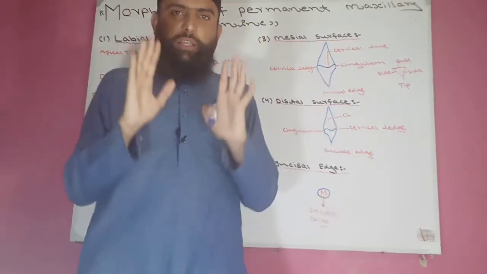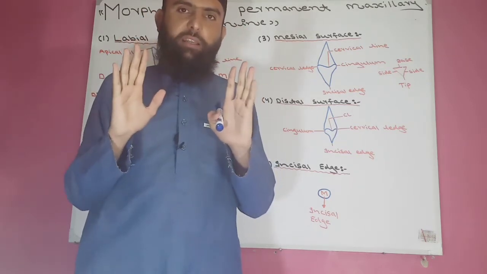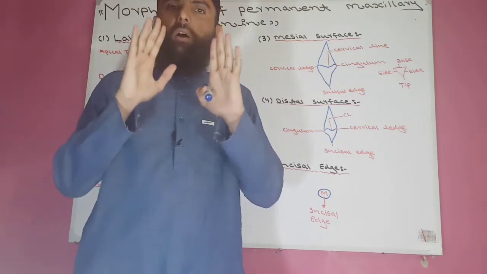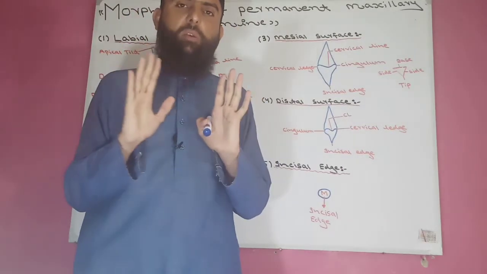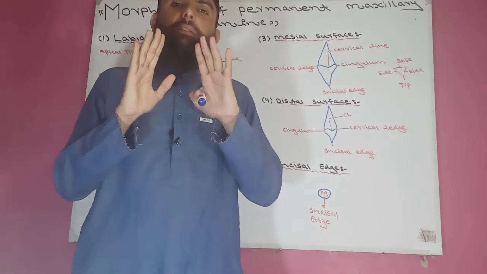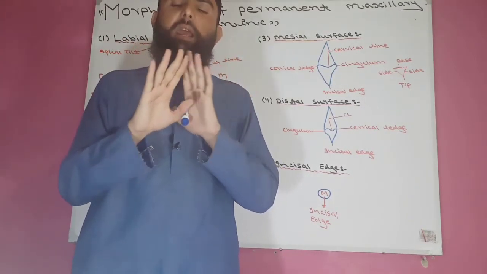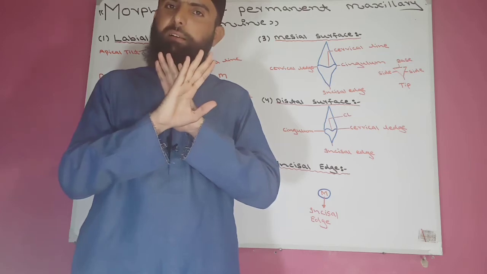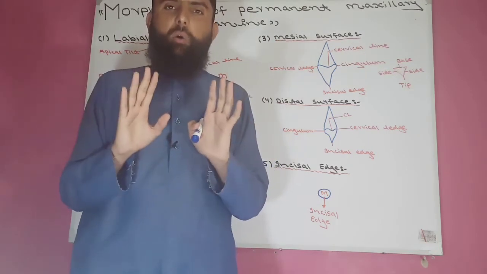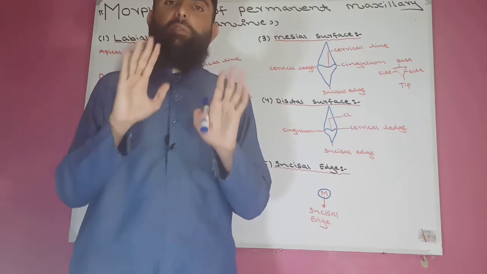Now, the anterior teeth from central incisor to canine have 4 surfaces and 1 incisal edge, and the posterior teeth have 5 surfaces and no incisal edge.